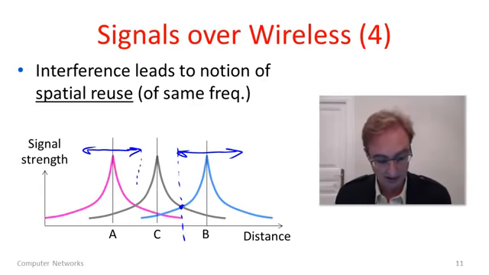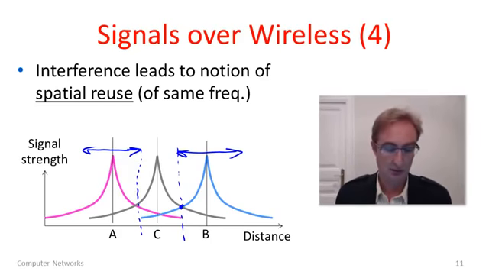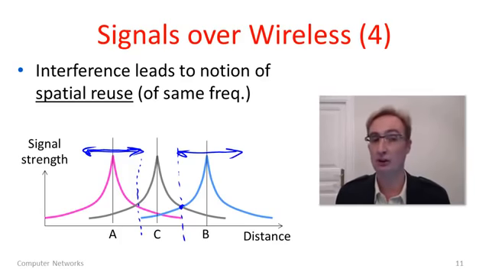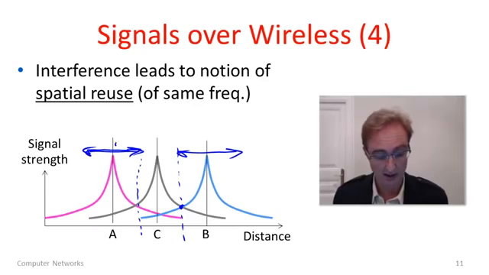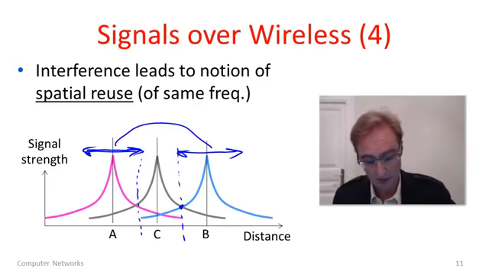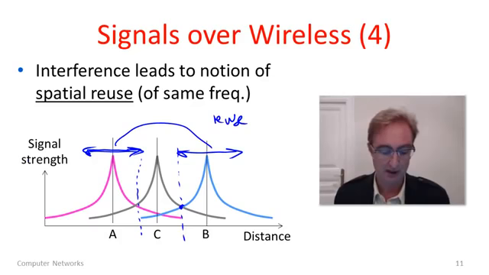Similarly, over here, anywhere within the region that I'm showing here, A signal can be received, and the signal from B is not strong enough to be noticed and hence interfere in a noticeable way. This means that we can reuse frequencies at these two transmitter locations, A and B.